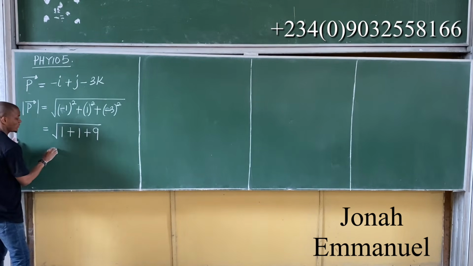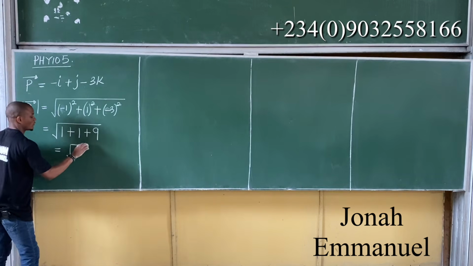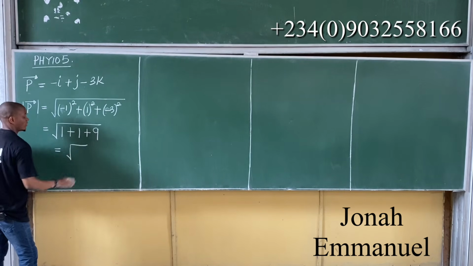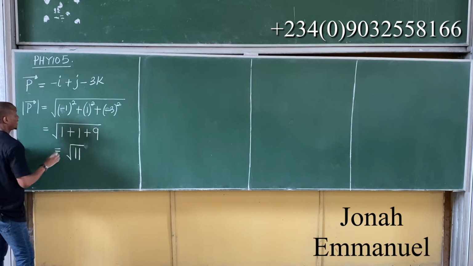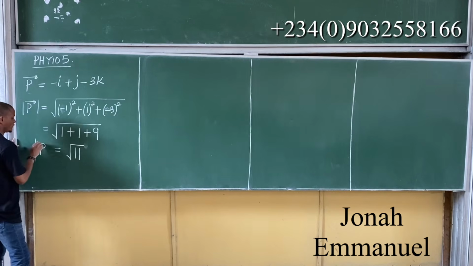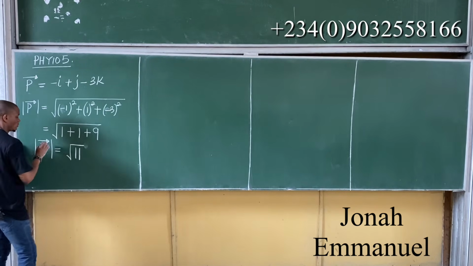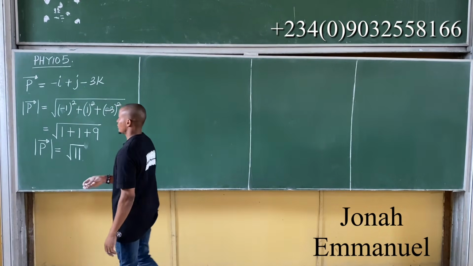From here, this will now be equal to the square root of 1 plus 1, 2, plus 9, that gives you 11. So I have that the magnitude of vector P is equal to square root of 11.